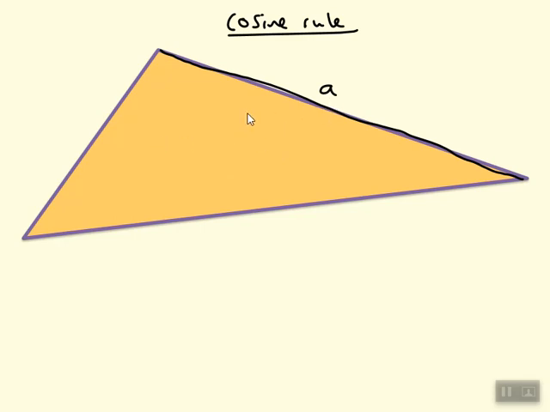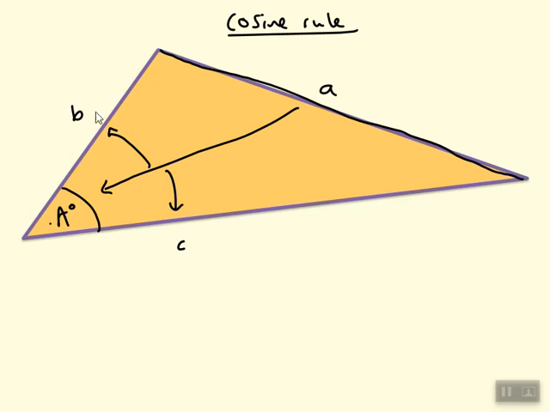First of all, I need to know the angle that is opposite that side, so I need to know this angle. It needs to be told to me. I'm going to label this angle A. Then I need to know the two sides coming off that angle. I'm going to label this side B, and this side C.